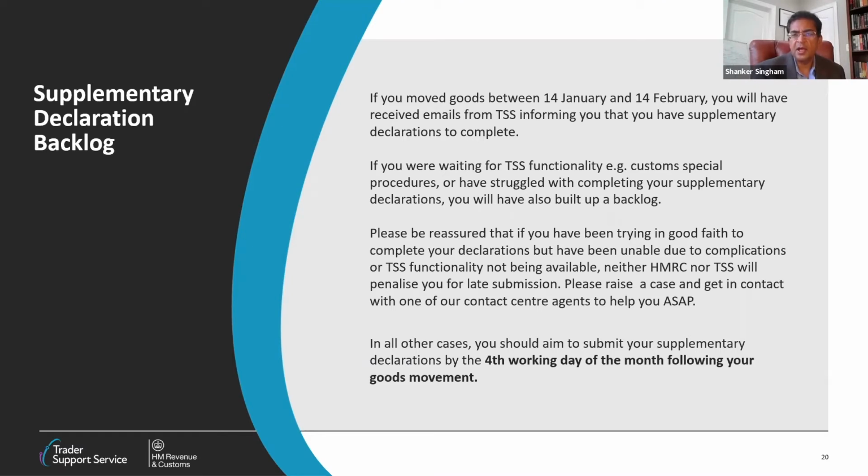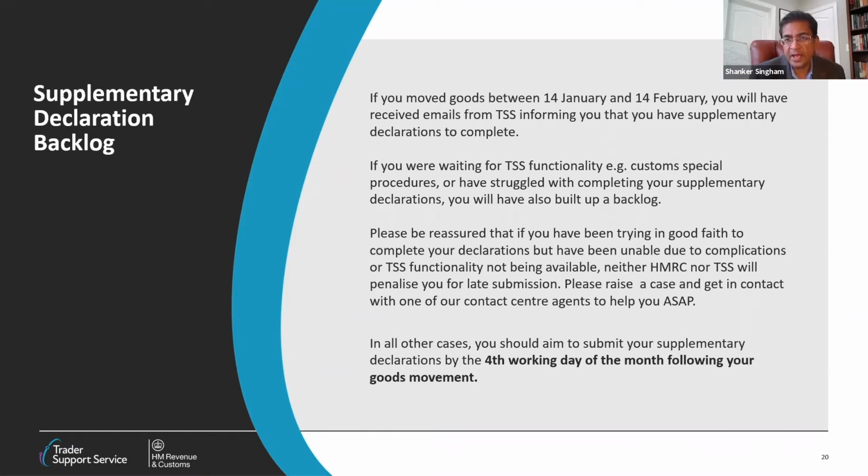Ordinarily, that would not be possible. That's something that we have specifically offered to traders to enable less pressure on the GB-NI frontier. But you need to then do the supplementary declaration, otherwise you haven't done an import declaration properly. And there are all sorts of consequences, obviously, for not doing import declarations when they are required.